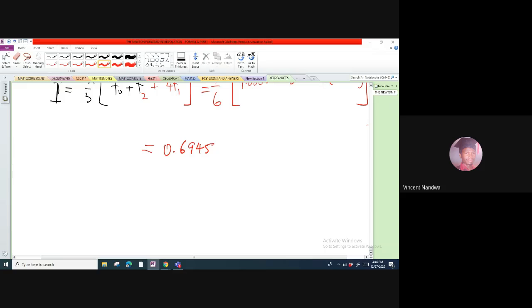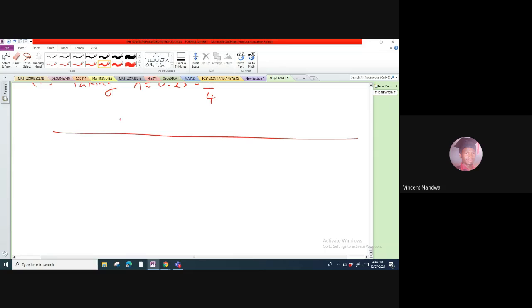And then let's take h as 0.25. Taking h as 0.25 simply means 1 over 4. Then we'll have these values of x and f.